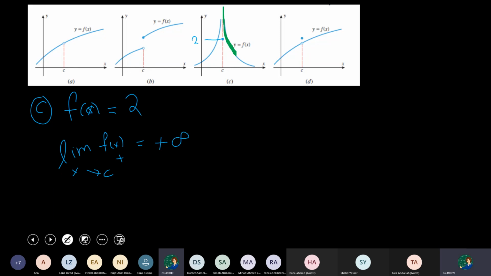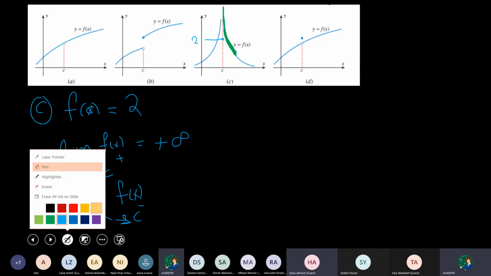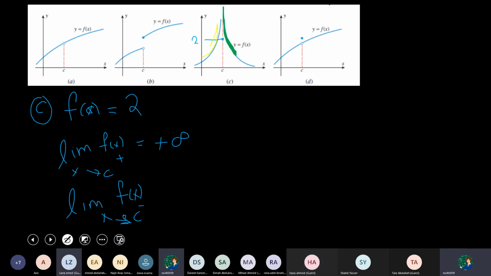Just positive infinity. And the limit of f of x when x approaches now C from the left? Also infinity. They are also infinity, thank you. Are they the same? Do they exist now? Yes.